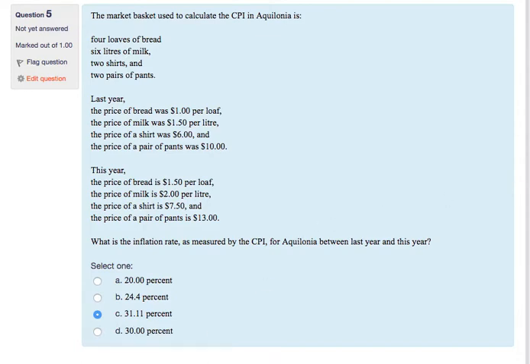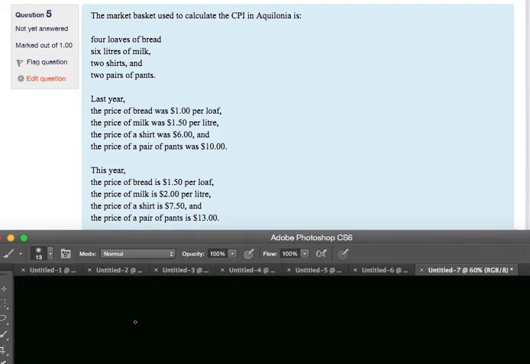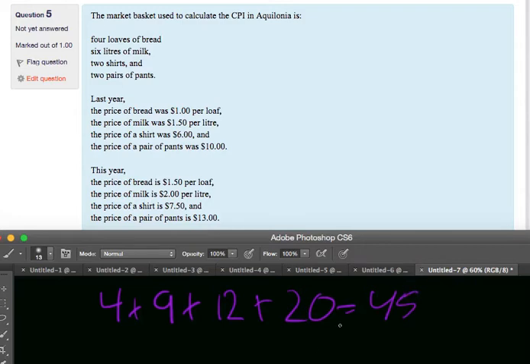So if you were to calculate it instead, what would you have? The cost in the initial year would be $1 times 4, so that's 4, plus $6 times 1.50, that's 9, plus 2 times 6 is 12, plus 2 times 10 is 20. So my cost in that first year is 45. Obviously, I'm fast tracking a little bit, but you get the idea.